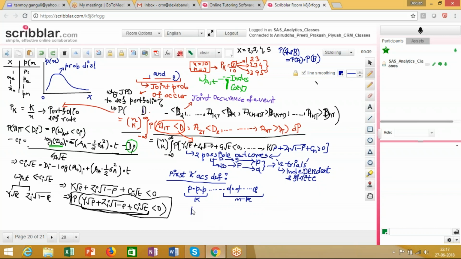It is nothing but the probability P to the power of k into Q to the power of n minus k. Just check, is this logic clear?